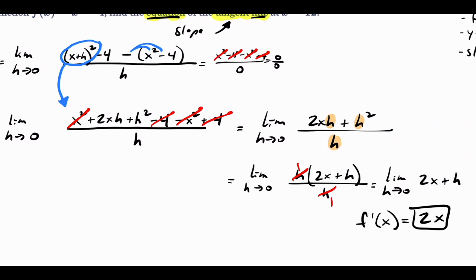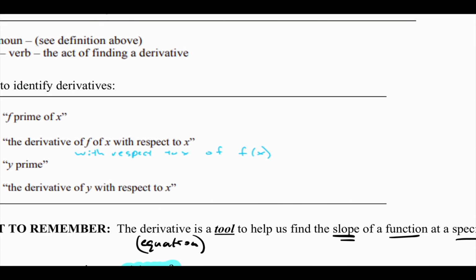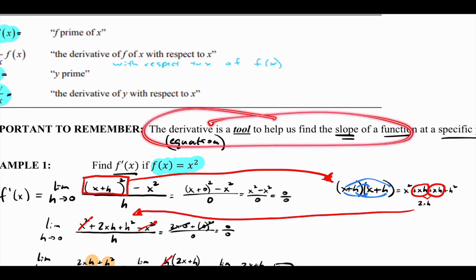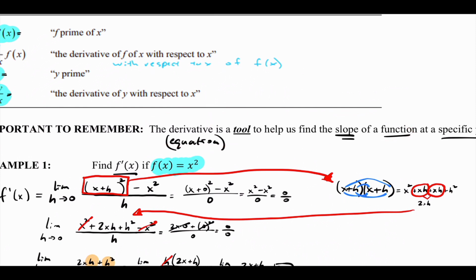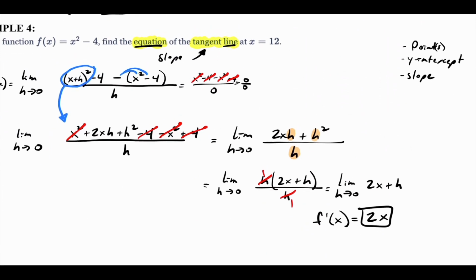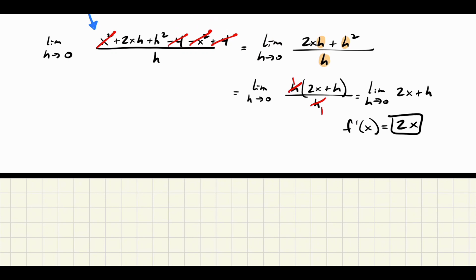Now that's not a slope. That's a tool to help us find the slope, right? So we're going to use that guy to find the slope. Okay, so let me get another sheet here. I know that the equation is 2x.